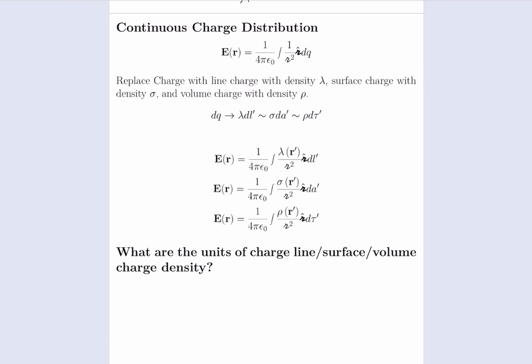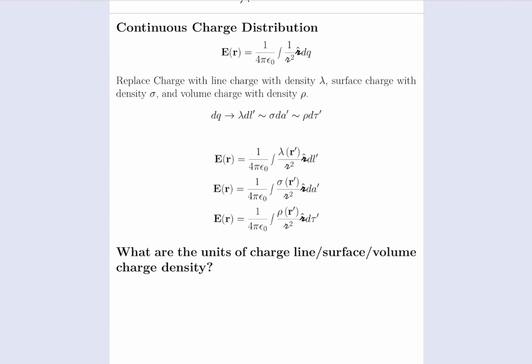And this integral of charge can be one-dimensional, so it's a line charge. You can think of a straight wire with all the charge sitting on the wire. It can also be a surface charge, right? You can think of a plate of metal with charge on it. And you can also think of a volume charge, where you have a bulk of material, and this material might have some charge density distribution within it.